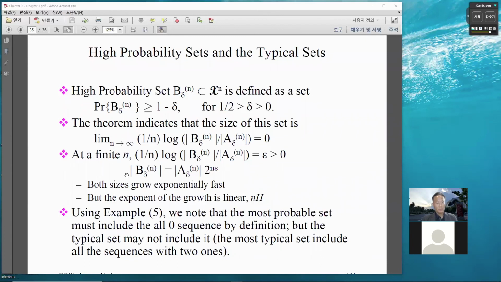So basically, in terms of exponent, these 2 are almost the same. It differs only by this much. Okay, and when we take a look at this difference with this definition, it is only epsilon. Okay. So that's the high probability set versus the typical set.